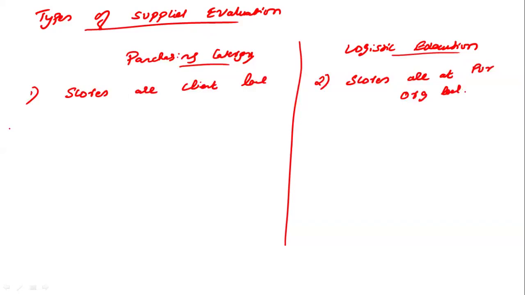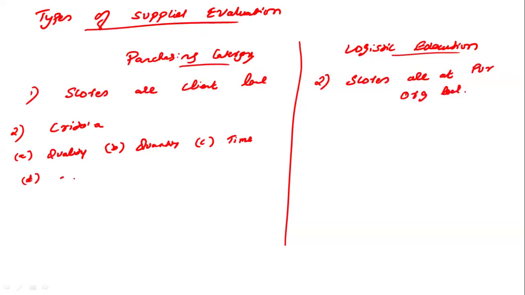Then the second difference is the criteria. We discussed that in purchasing category there are the criteria of quality, quantity, time, price, and the questionnaires.